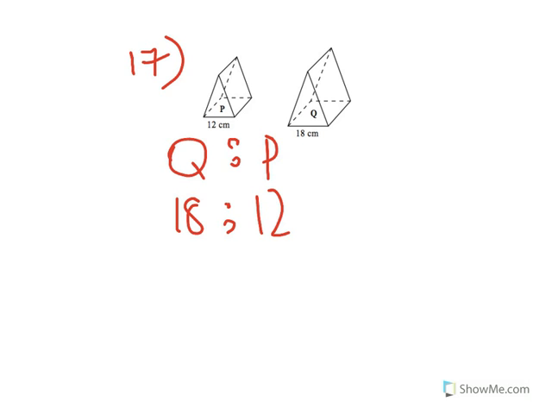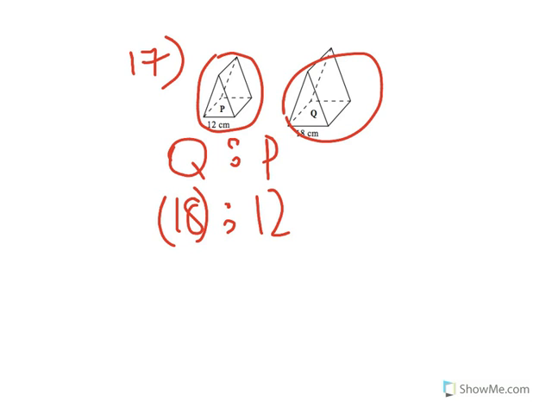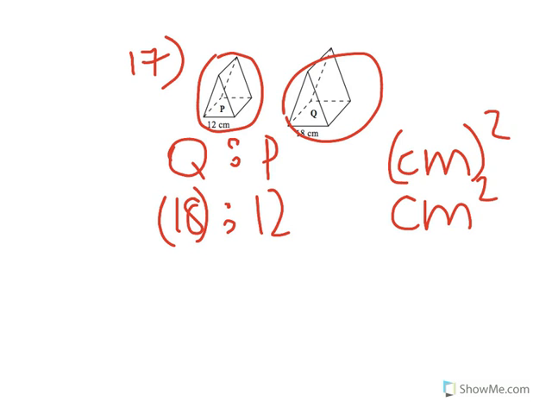Now, with similar shapes, I'll just explain what the question is. The question is basically asking you to calculate the total surface area of prism Q, and they've given you the total surface area of prism P. Now, think about area. Length is measured in centimeters, area is measured in centimeters squared. So area is nothing but length squared.